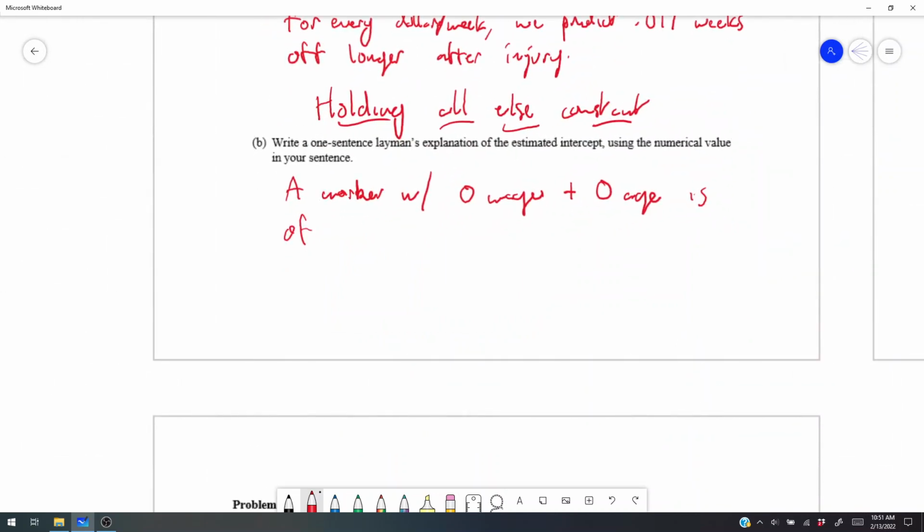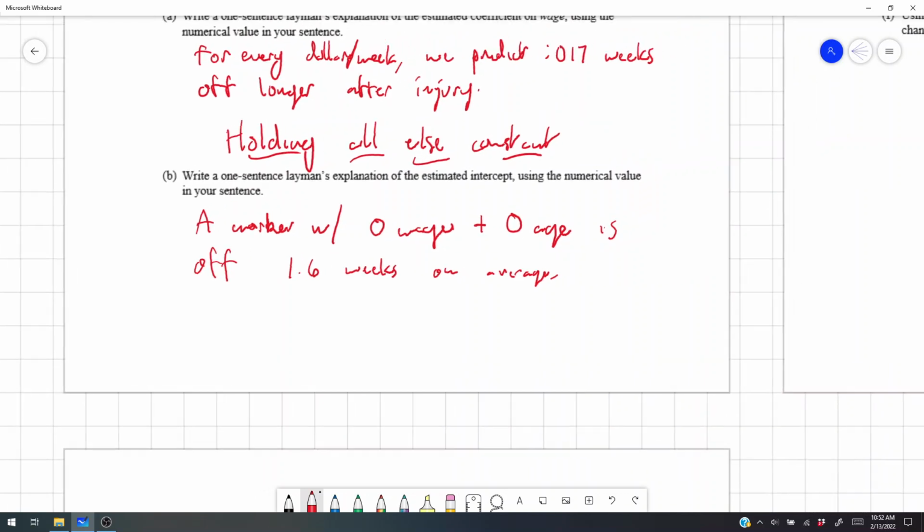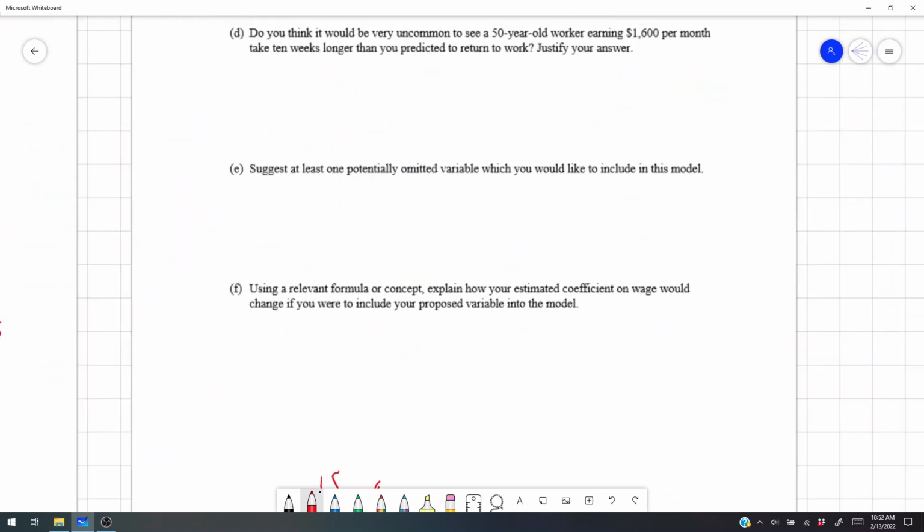Let's try it one more time. I have better luck if I try to do this very slowly. Good. Moving on to the next.